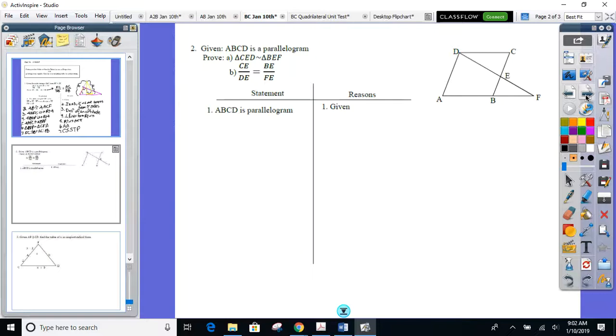All right, great review. Here's our boy, the parallelogram. Prove the 2 triangles similar to each other.